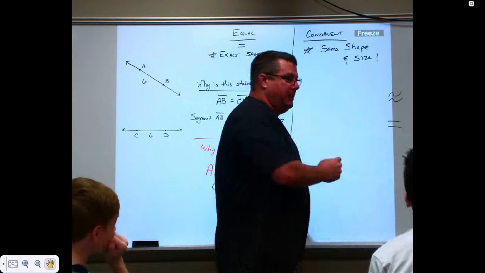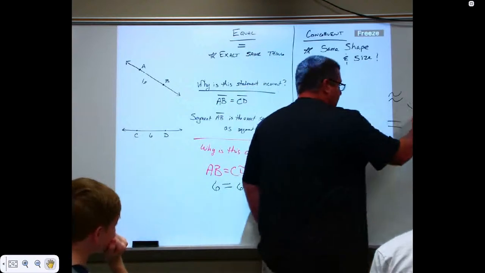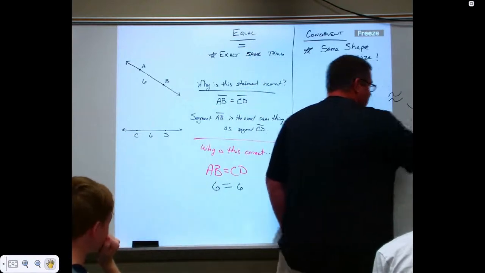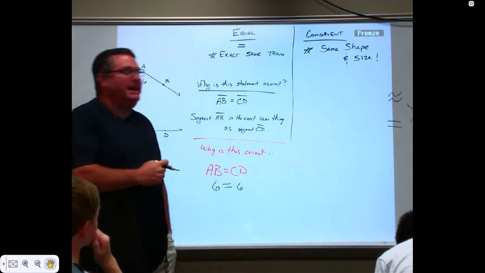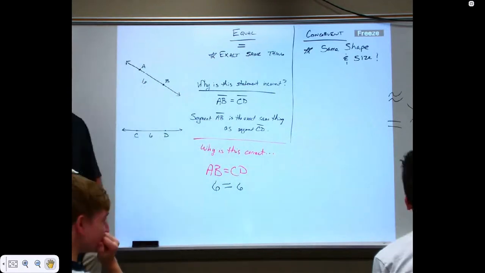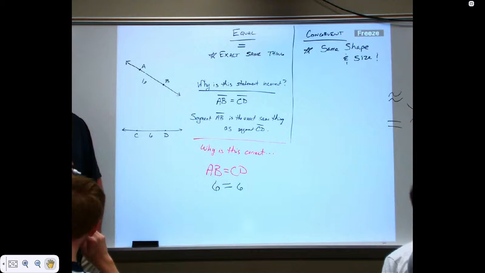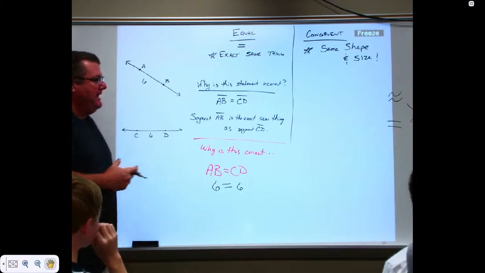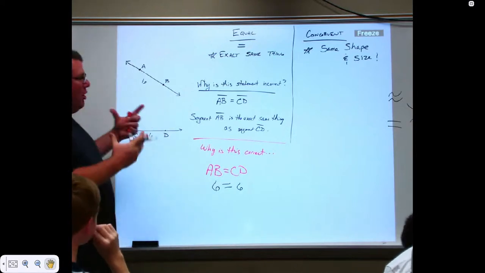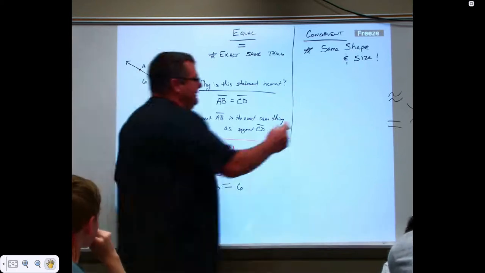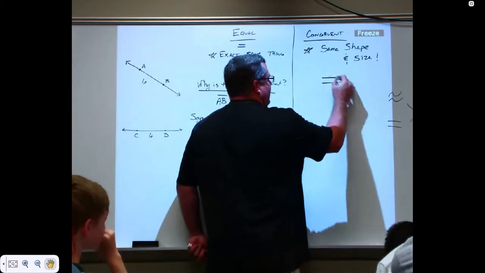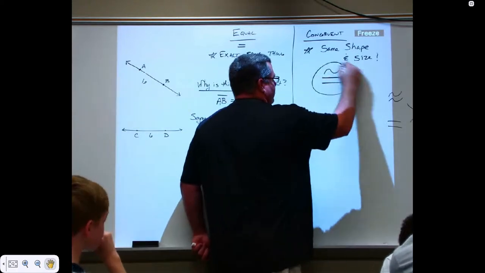Well, equal married approximately, and they had a baby, and it was called congruent. Congruent things are almost the same thing, but not quite, right? So that's why this is a good sign for it. That is the sign for congruent.